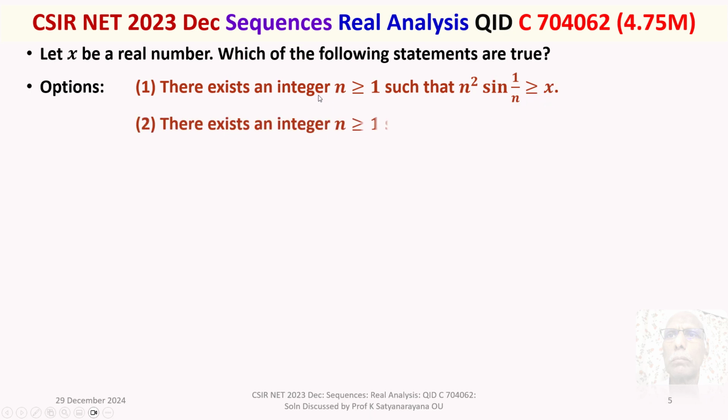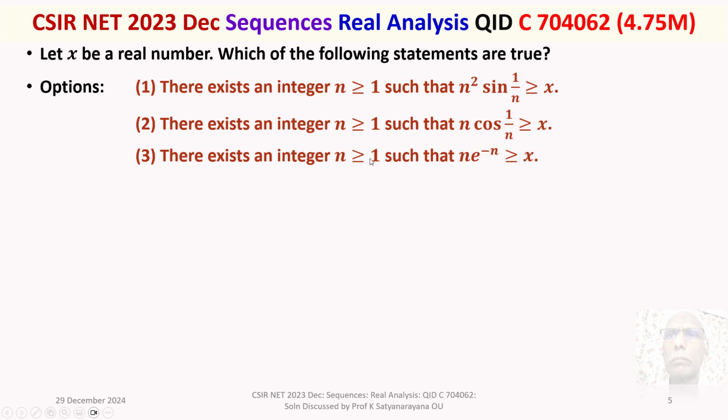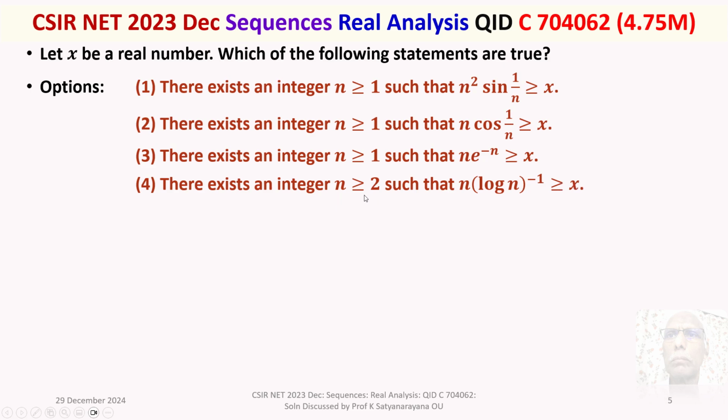There exists an integer n greater than or equal to 1 such that n cos 1 by n is greater than or equal to x. Option 3. There exists an integer n greater than or equal to 1 such that n e power minus n is greater than or equal to x. Option 4. There exists an integer n greater than or equal to 2 such that n log n to the power of minus 1 is greater than or equal to x.